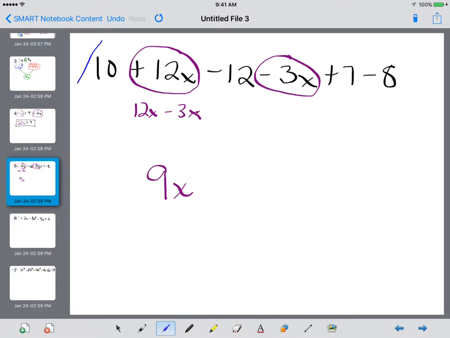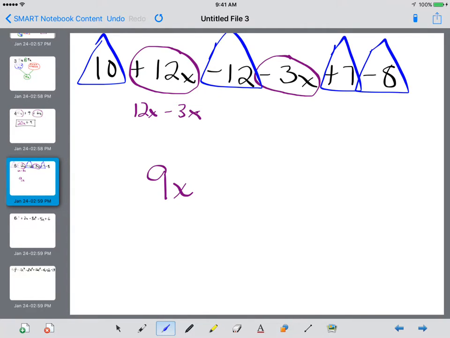Now I'm going to go through and find those numbers. We've got 10 minus 12 plus 7 minus 8. So I've got this 10 minus 12 plus 7 minus 8. Well, 10 minus 12, that becomes negative 2.